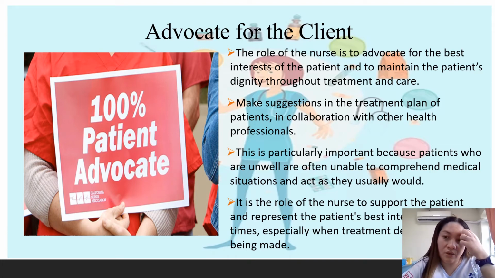It is the role of the nurse to support the patient and represent the patient's best interest, especially if we do decision making. You will be there to support the patient and give suggestions, especially if there is a decision that would be made for the improvement of the health of the patient.